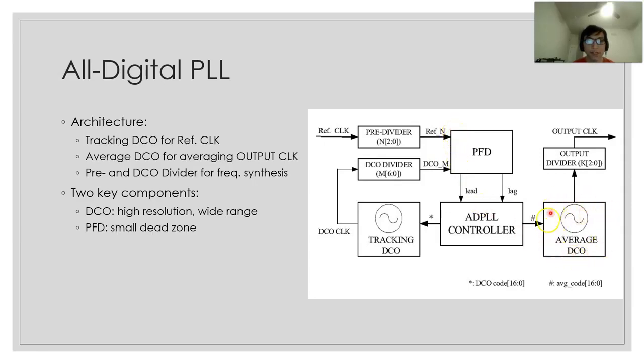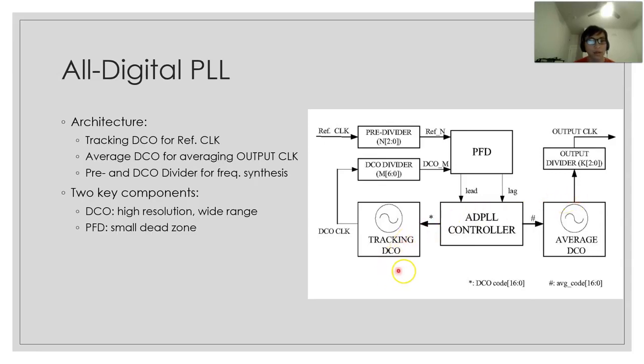But the average DCO here is used for averaging the output clock, which means after every iteration, it has to find a sense of what should be the average voltage and frequency for the output signal, and that would use the average mechanism discussed in the paper. Using that mechanism, the output signal will experience much less noise and jitter.